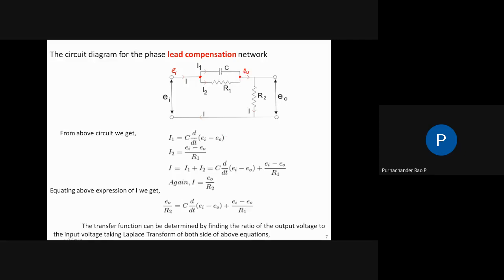Similarly, the current through the resistor R1 is given by the voltage difference EI minus E naught divided by R1. As per Kirchhoff's current law, the sum of the currents entering a node is equal to the sum of the currents leaving that node. So I is equal to I1 plus I2.